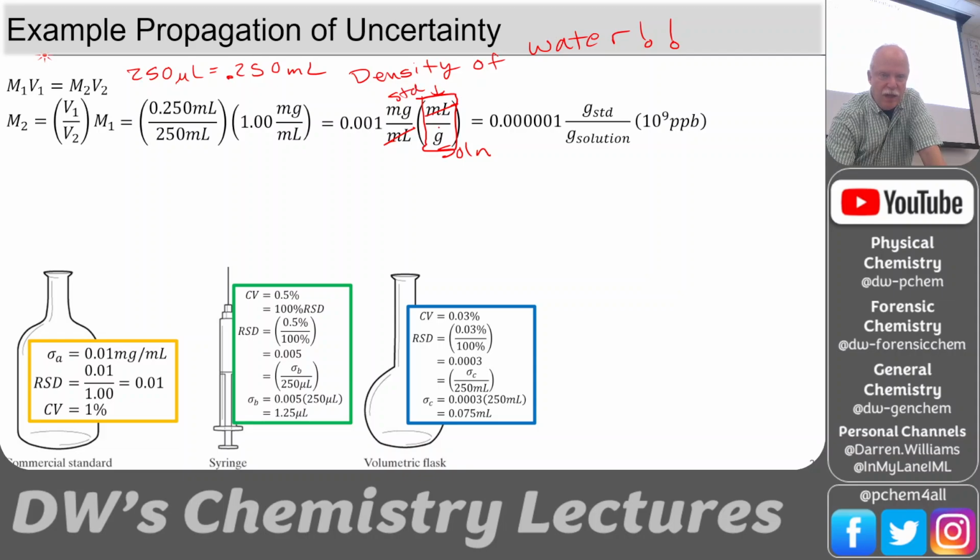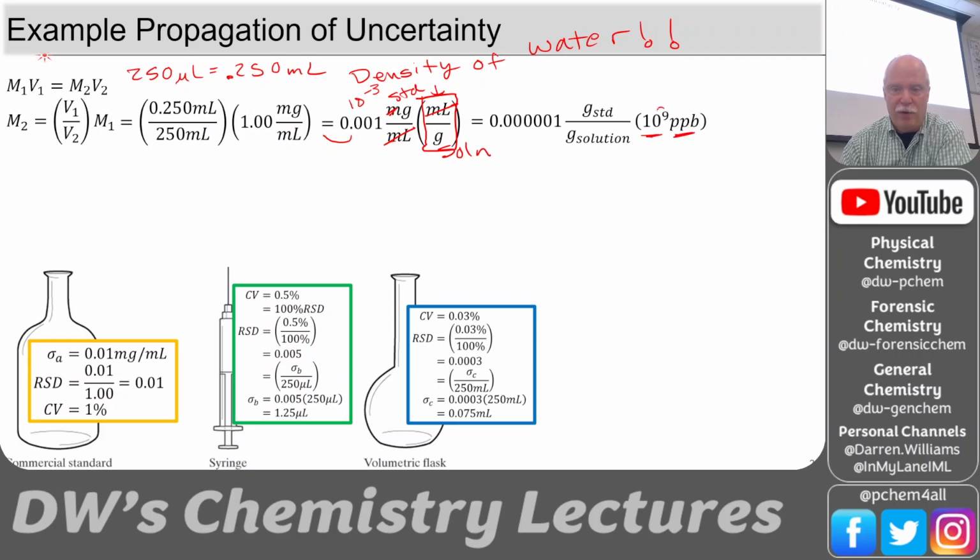Okay. Now I want to get rid of that milli. And so it's already 0.001. I got to put 3 more zeros on there to get rid of that milli, because milli is times 10 to the minus 3. Okay, so I've moved that 3 decimals over, and so I have this many grams of standard per gram of solution. You see why I want to use parts per billion? Because that's a pain in the rear to write, all these zeros. And so I multiply it by 10 to the 9 parts per billion.